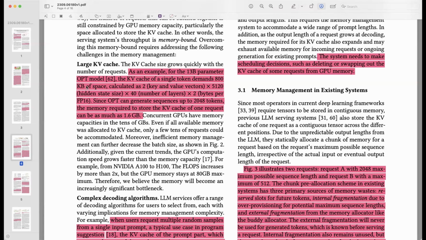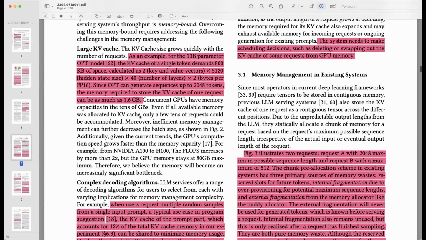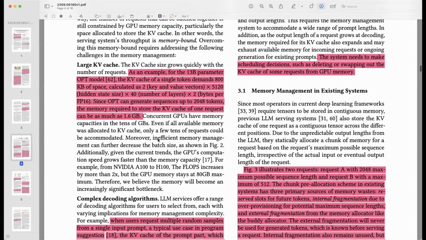So with 2048 tokens, it can be as big as 1.6 gigabytes for one request. I think that's an important number to keep in mind because it's not obvious that each token gets expanded that much into the KV cache. It's huge. You multiply by the number of layers and the hidden state size, and it just blows up.